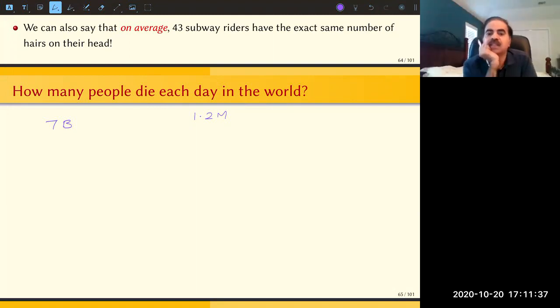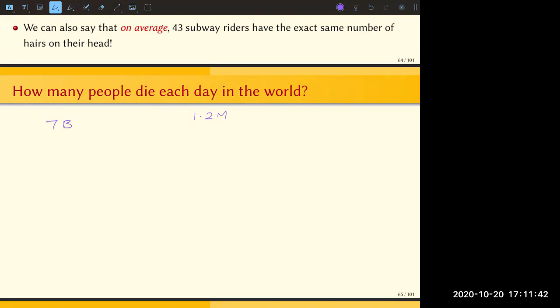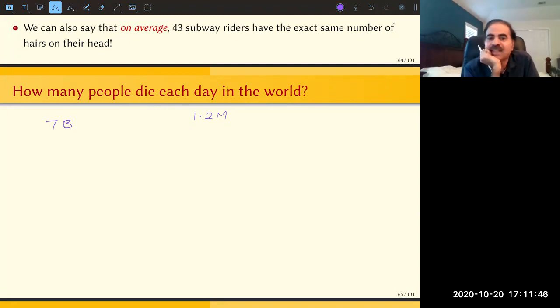What is the life expectancy? Like 80 years? I'm not sure. Even in the US, it's only 78, right? I think in the more populous countries it's quite a bit smaller, but it doesn't really matter. Let's say 70, right?